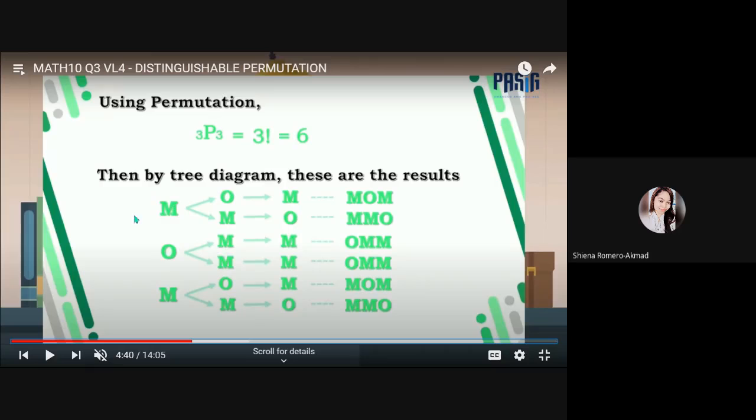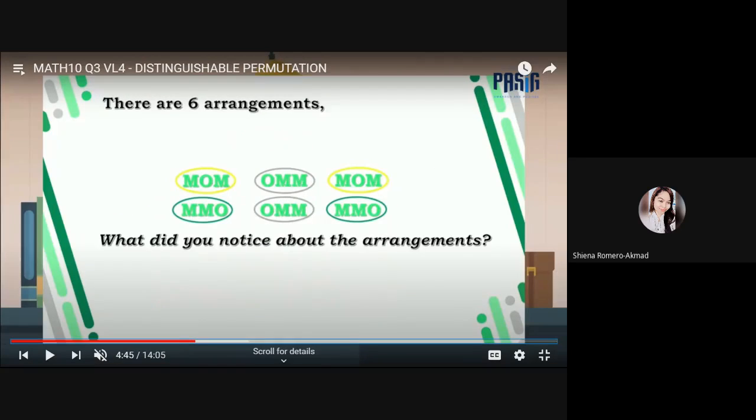Okay. So remember that there are 2 M's here. Now, if you're going to look at the 6 arrangements that we have earlier, there are repeated arrangements. When we say repeated arrangements, they are the same. Like, for example, those circled in yellow have the same arrangement, while those circled in gray, pareha din sila ng arrangement, and those circled in green, they have the same arrangement.